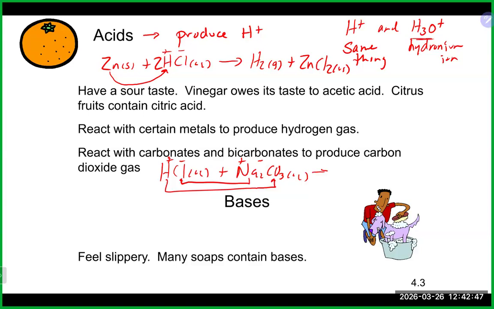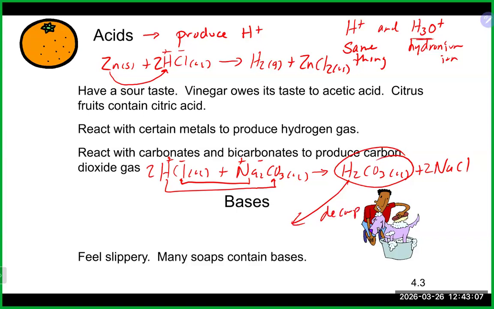And the result of that is you'll end up with H2CO3 and a little sodium chloride in this particular case. We could do a little balancing there as well. But that carbonic acid will very quickly go through a decomposition reaction and produce water and our CO2, which is how that gets produced in that case.